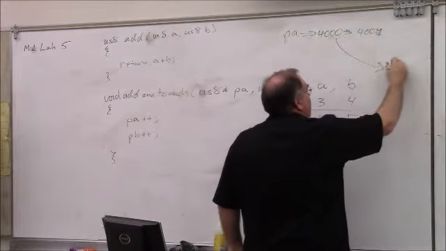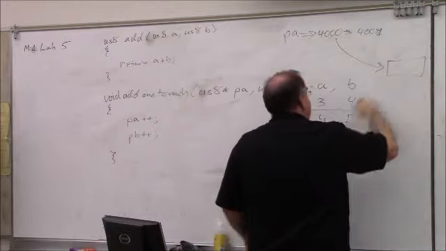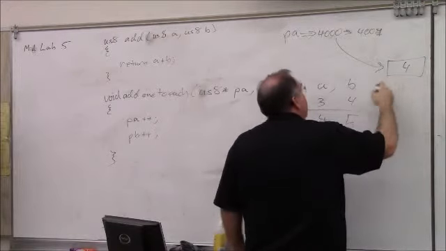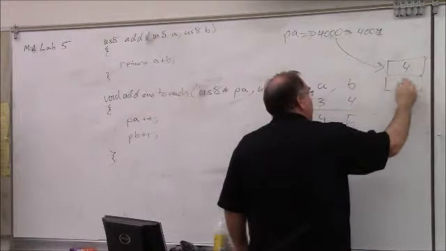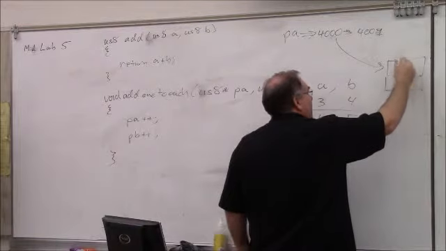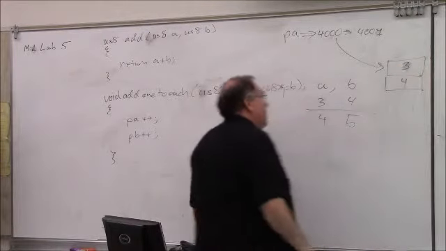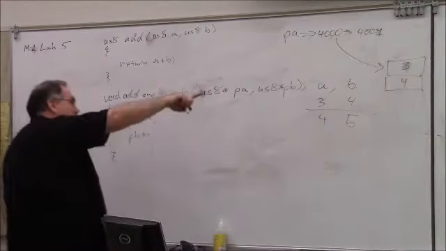So if memory location 4000 has the value 3, and the other one has 4, and we want to make 3 into 4.